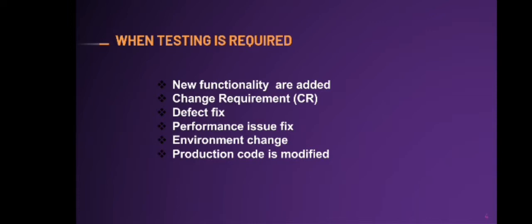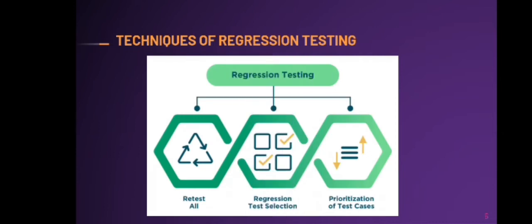Then next, see techniques in regression. There are 3 types of techniques in regression testing. First one is retest all, second one is regression test selection, third one is prioritization of test cases. Let's see one by one.